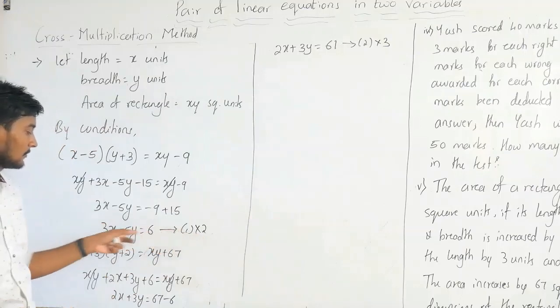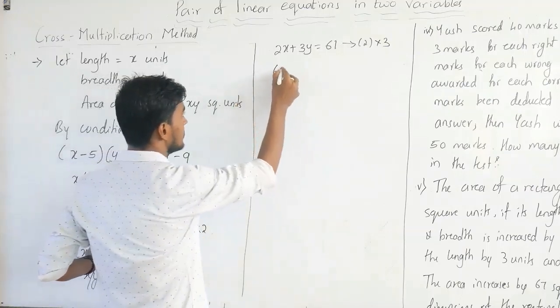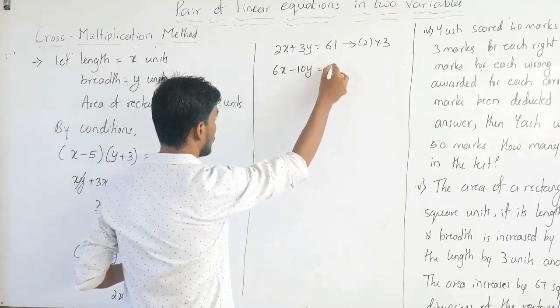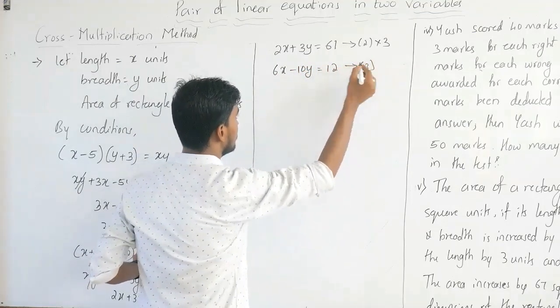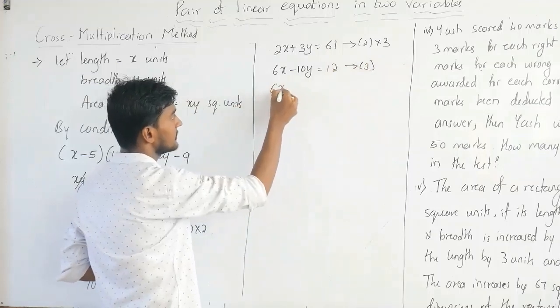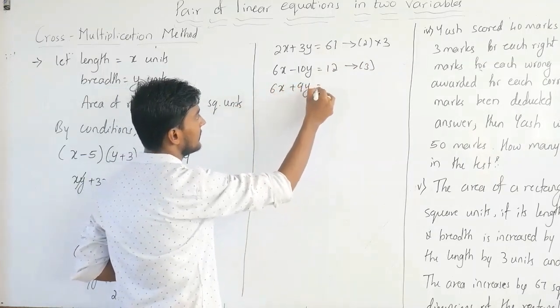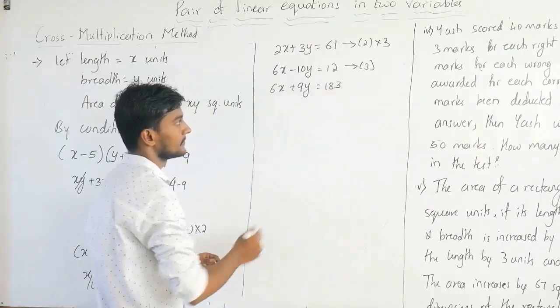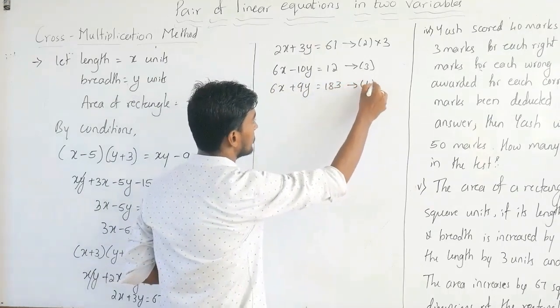So multiplying equation 1 by 2, it becomes 6x minus 10y is equal to 12, equation number 3, and 6x plus 9y is equal to 183, equation number 4.